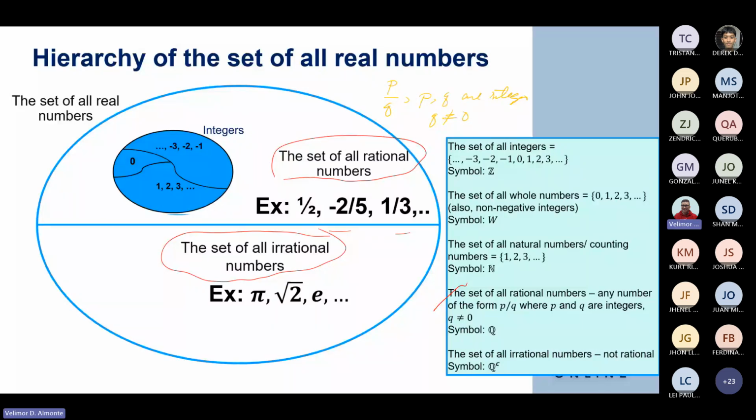From Manjot, he gave an example. For example, 9 can be written as a fraction, 27 over 3. Wow. Okay, sige po. Ganun po ba, Lay? Sige.